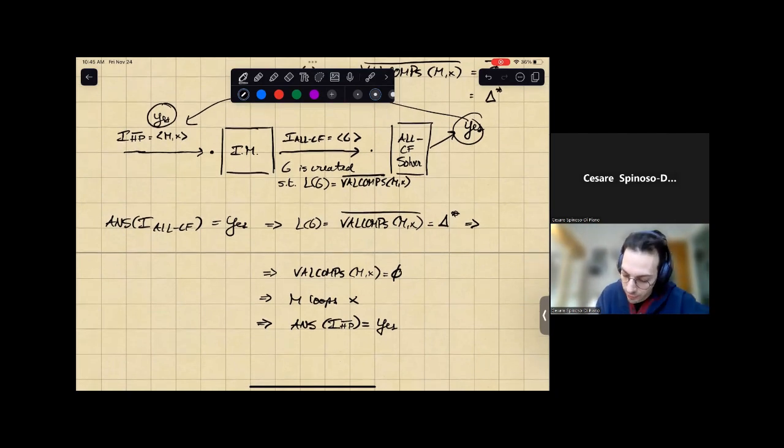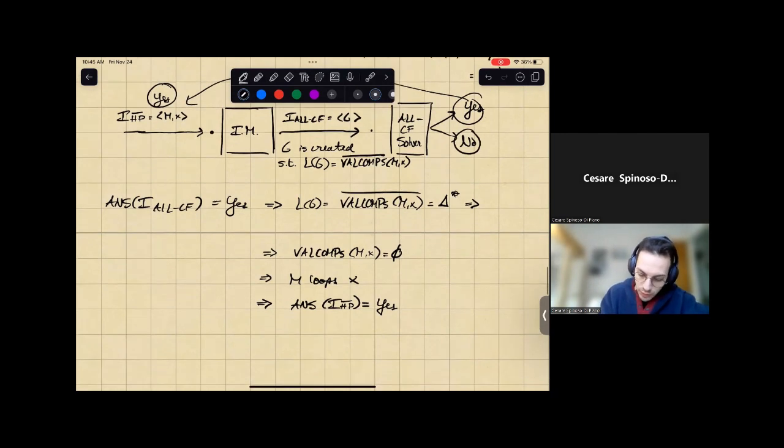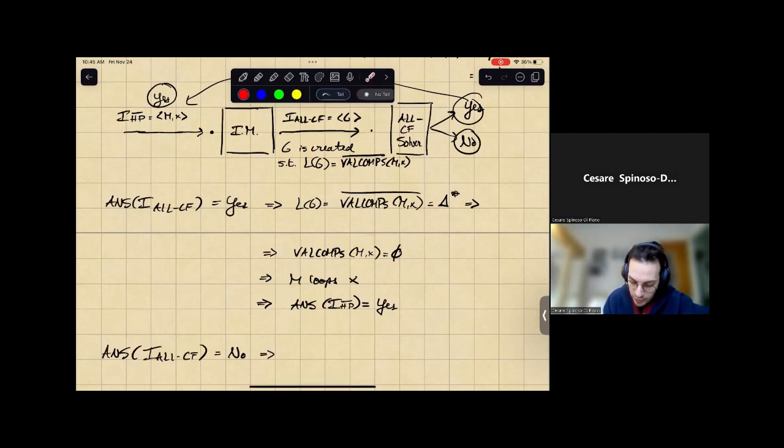We can also show that we have a no to no. So if the answer to the instance of the LCF problem is no, then, skipping a few steps, that means that Val-comps of M, X is not equal to the empty set.